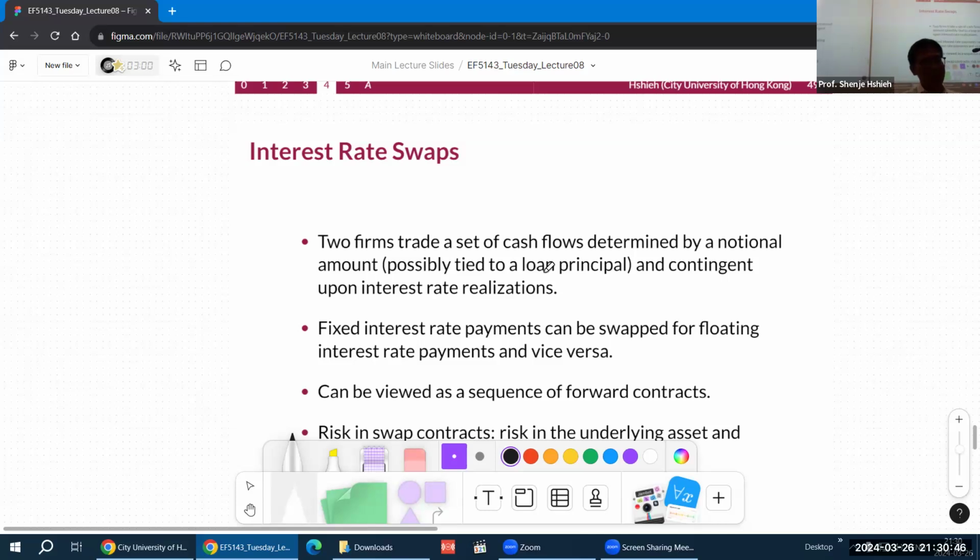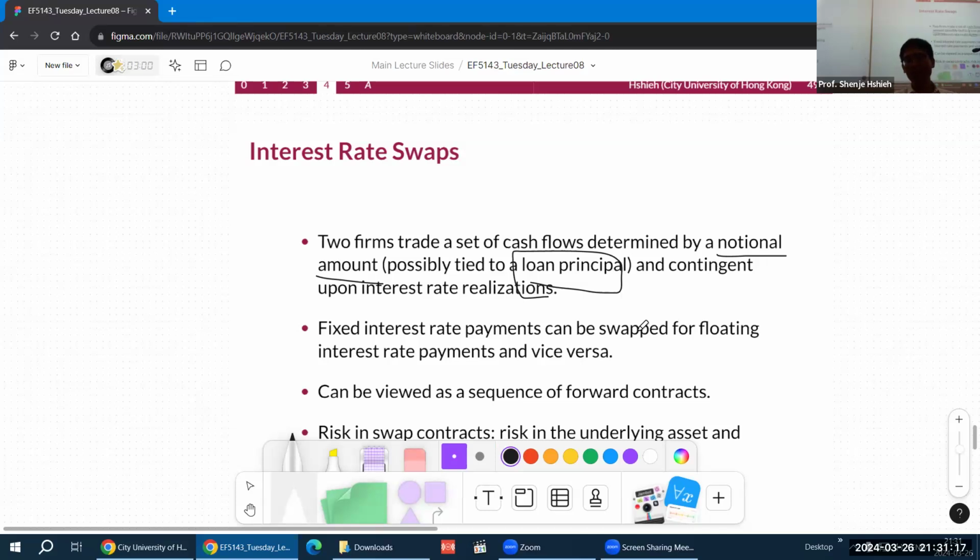The notional just means an arbitrary amount. Given a notional amount, we determine an interest rate or a coupon rate that's multiplied by the notional to determine the cash flows. So two firms trade a set of cash flows determined by a notional amount. You can think of it as a loan principal, but it just means some amount of money, whatever it is. Given that amount, you determine the prevailing interest rate that you'll swap for floating.